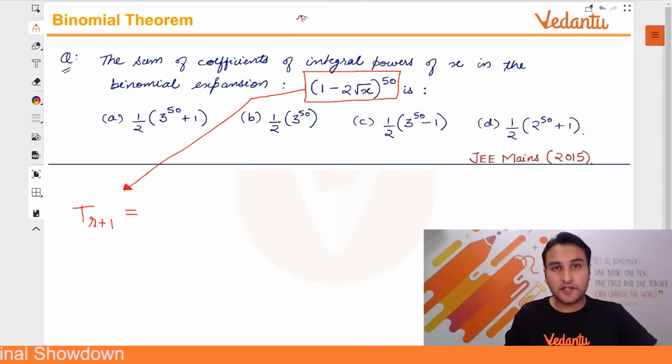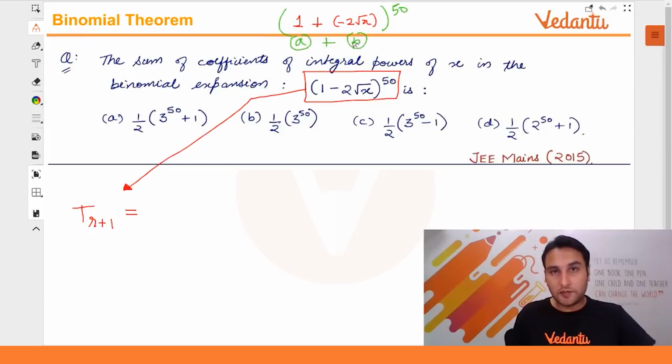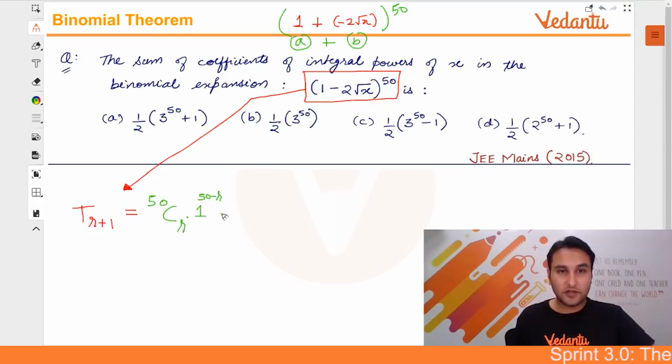So you will visualize this as 1 plus minus 2 root x raised to power 50. This is like your a, this is like your b, a plus b raised to power n. So what is this? nCr. 50Cr, 1 raised to power whatever, I don't care. 1 raised to power 50 minus r is only 1. ठीक है?